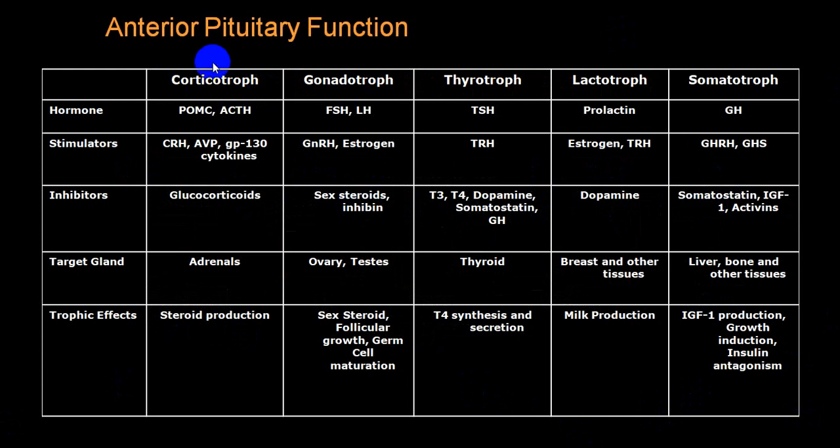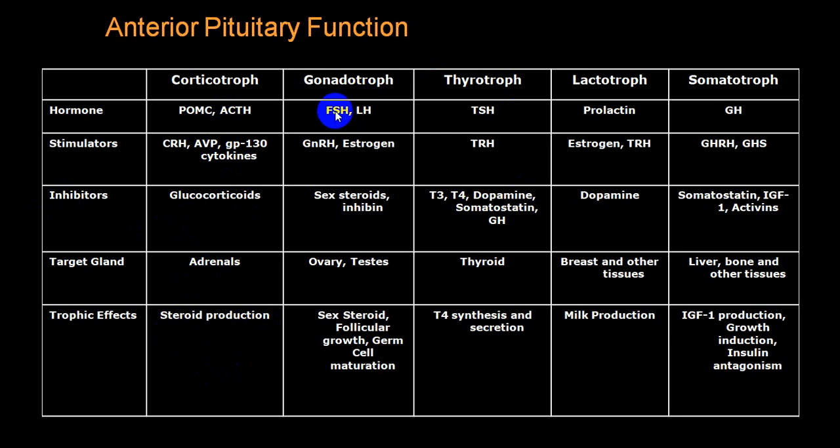These diagrams show you the hormone, stimulators, inhibitors, target organs, and the effect. So these are corticotropes, gonadotropes, thyrotropes, lactotropes, somatotropes. The corticotropes, that is ACTH, are stimulated by CRH or by AVP and inhibited by glucocorticoids. This ACTH will have an effect on the adrenal gland, producing steroid production and release of steroid hormones.